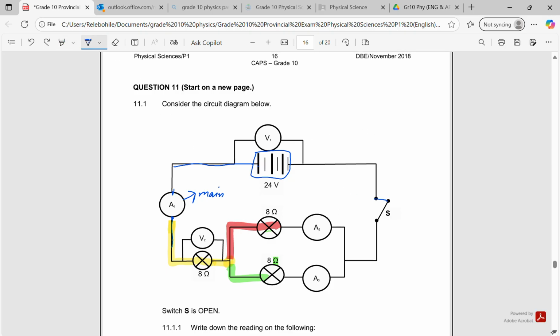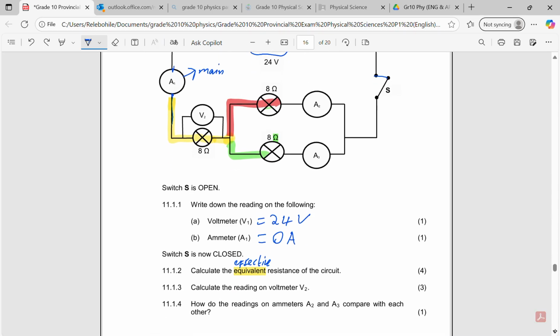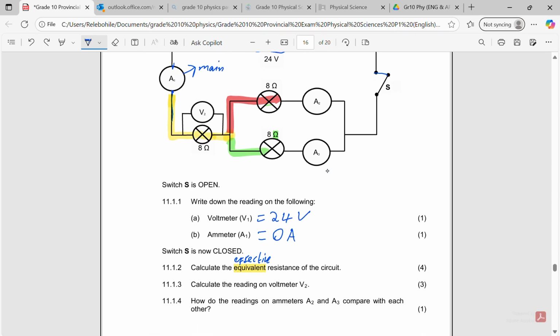Okay, so the way in which we are going to find the total resistance is as follows. This is 11.1.2. We will say the total resistance, let's firstly find the resistance in parallel, guys. So we'll say resistance in parallel.